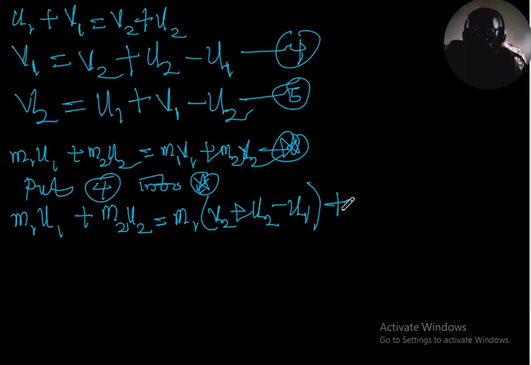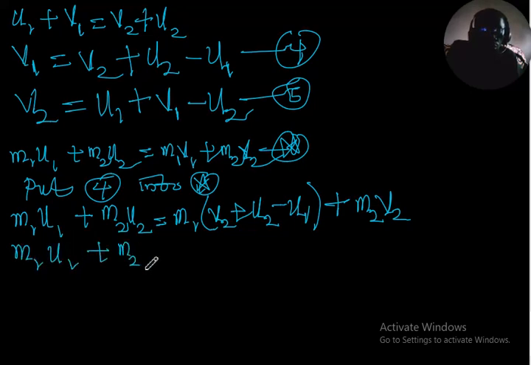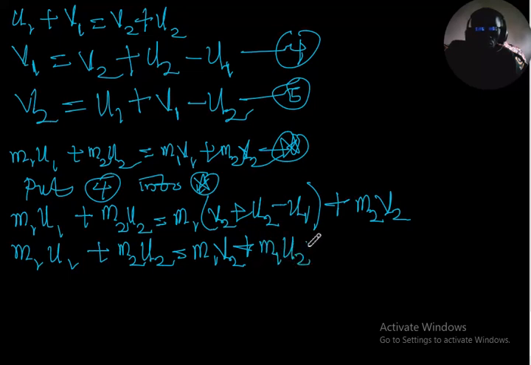Plus m2 v2. So open this bracket now: m1 u1 plus m2 u2 gives m1 v2 plus m1 u2 minus m1 u1 plus m2 v2.